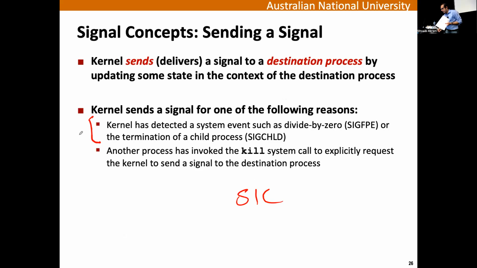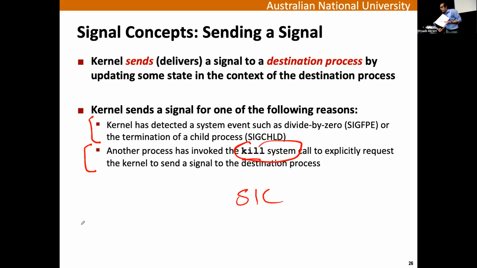The other way for the kernel to send a signal to a process is using the kill system call. And that's what I was saying is a primitive form of inter-process communication. So processes can communicate with each other by using the kill system call.